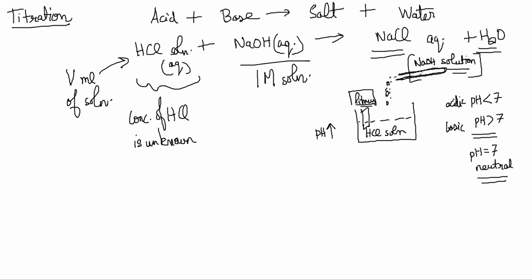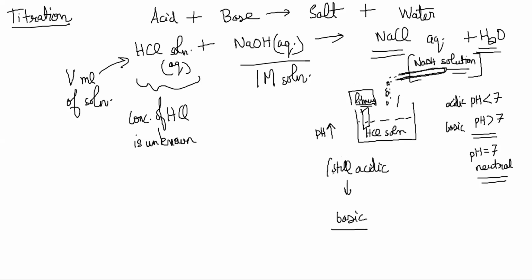At some point the litmus paper will turn from red to blue. So that means one drop ago it was still acidic, and if you added one drop now, it became basic, right? You understand?